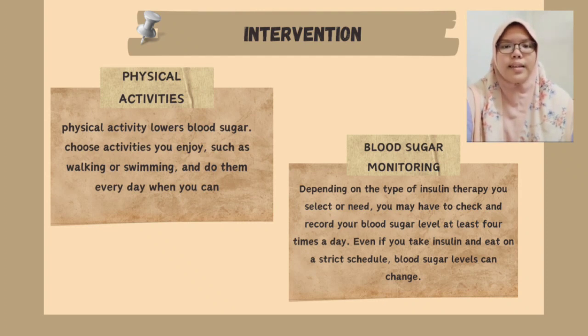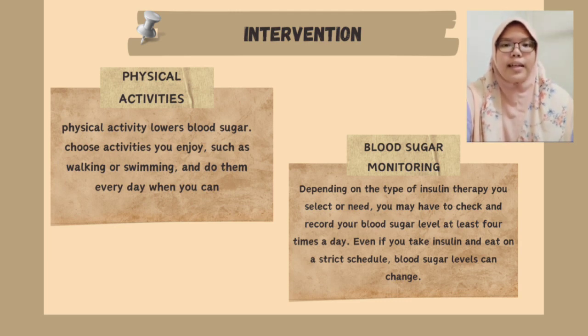Next is physical activity. Physical activity lowers blood sugar. So you can choose any type of activity you enjoy, such as walking or swimming, and do it every day or whenever you can. Everyone needs regular aerobic exercise, including people who have type 1 diabetes.